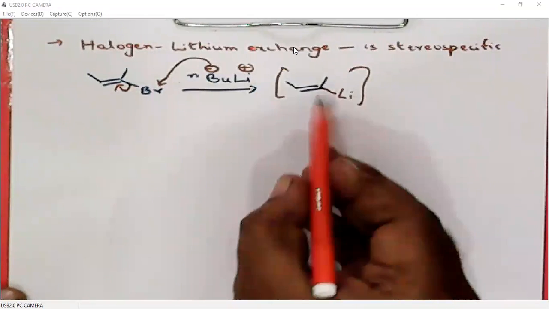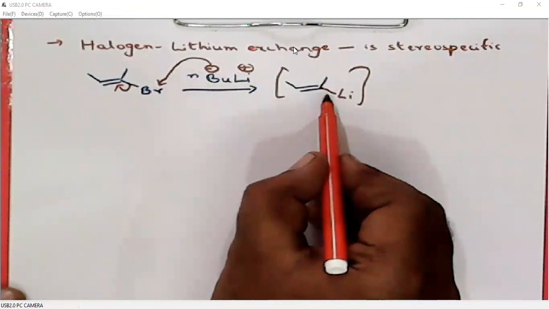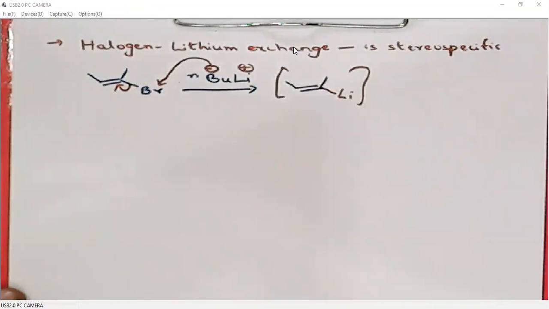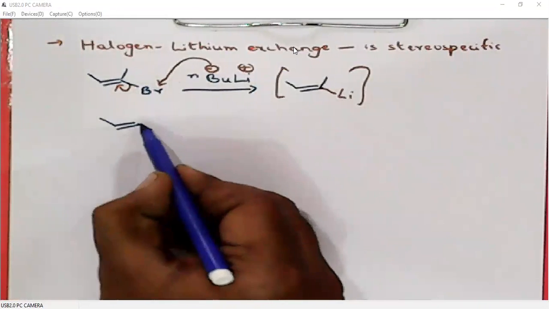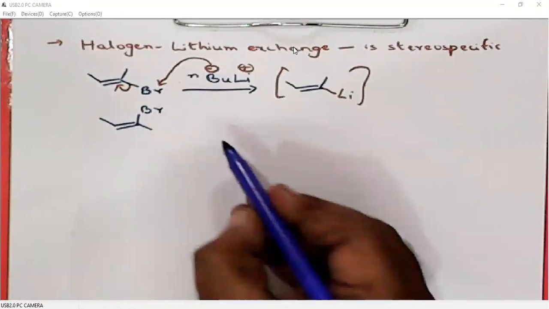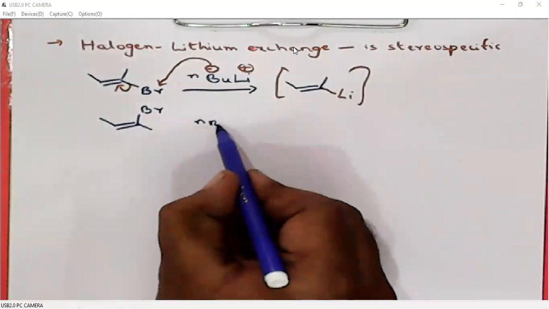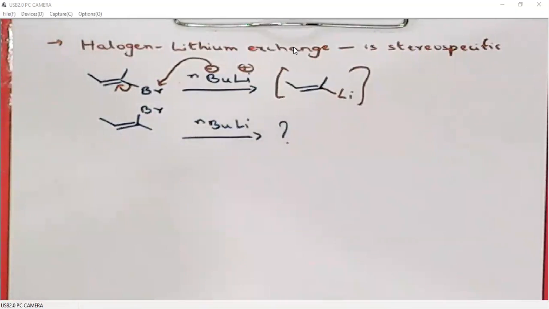So that means the stereochemistry of this bond will never change. The stereochemistry will be retained. So it is a stereospecific reaction. For example, when we treat this alkynyl bromide with n-butyl lithium, then what is the product?